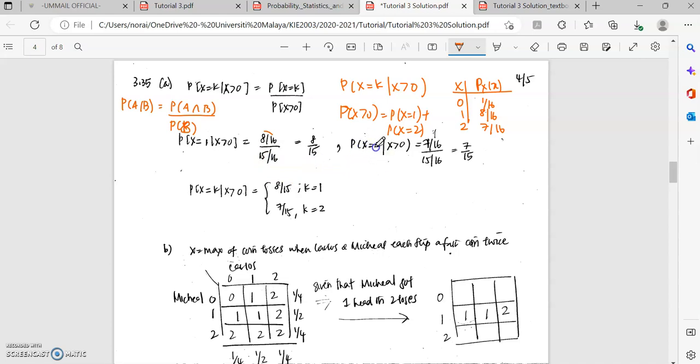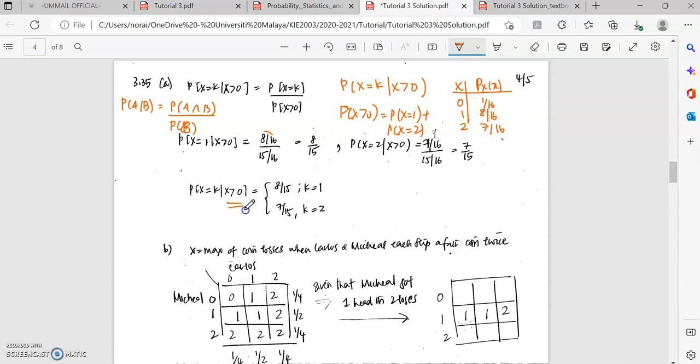Similarly, X equals 2 given that X is bigger than 0: you have 7 over 16 divided by 15 over 16. We don't consider k equals 0 because it's conditioned on X being bigger than 0.